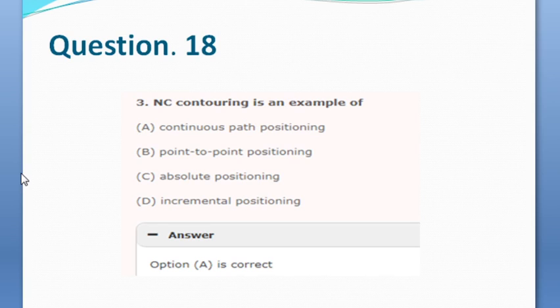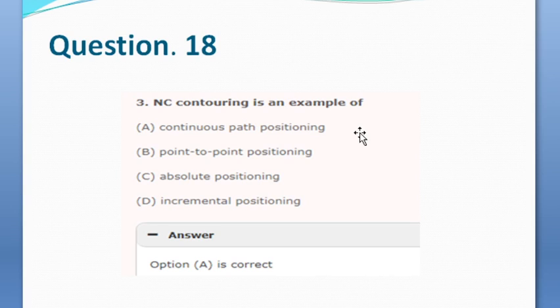NC is used for continuous path positioning or point to point. Here the question is NC contouring is an example of... Contouring is an example of continuous path control for machining operations like facing operation.